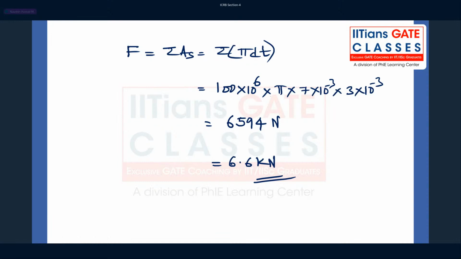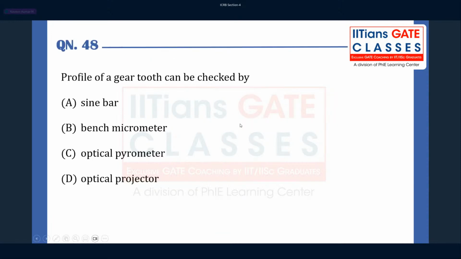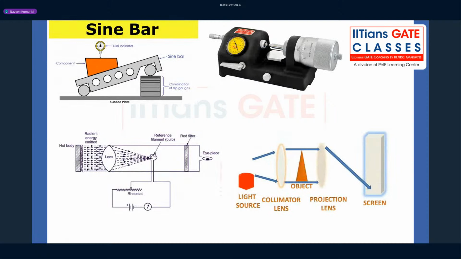Now, the profile of a gear tooth can be checked by. We'll discuss what is sine bar, bench micrometer, optical pyrometer, and then optical projector. Then we'll come back to the question. These are the sine bar, bench micrometer.